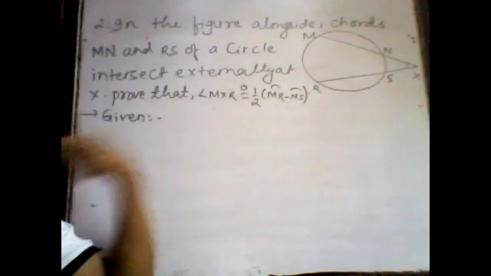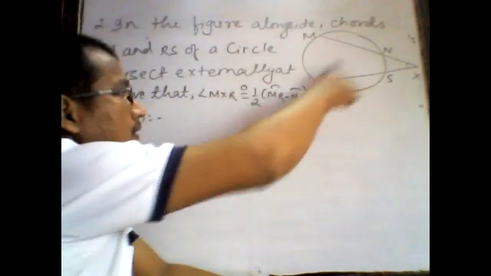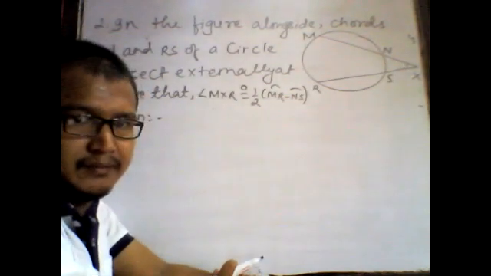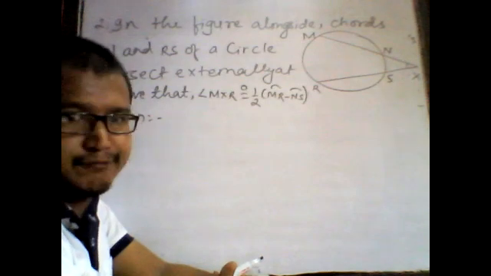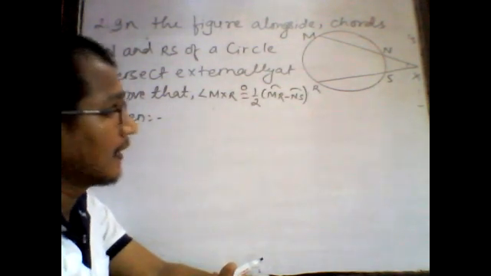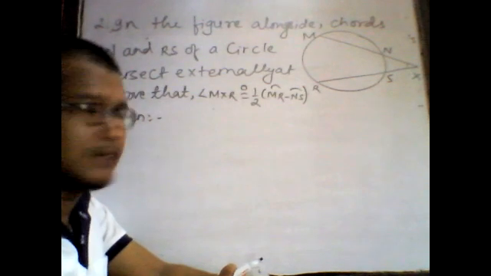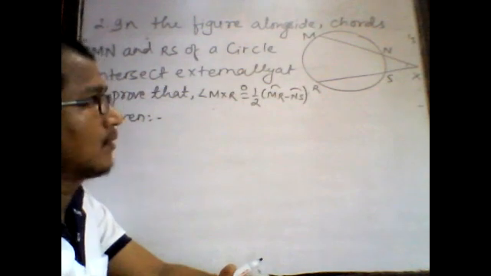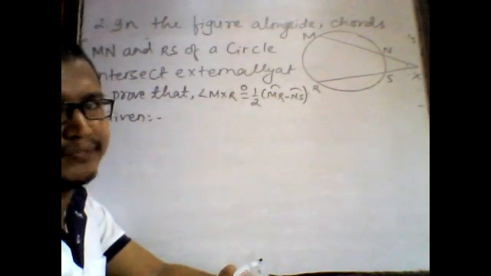Now let us see the figure, MR and NS. These two arcs are on the right-hand side. That means you must make an angle standing on the arc MR as well as NS. For this, we can join either M and S or N and R, whatever you like.